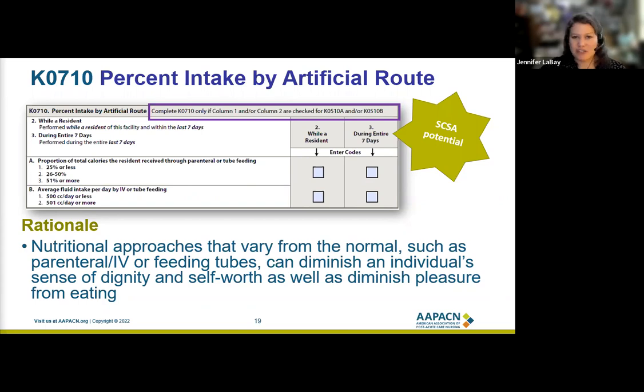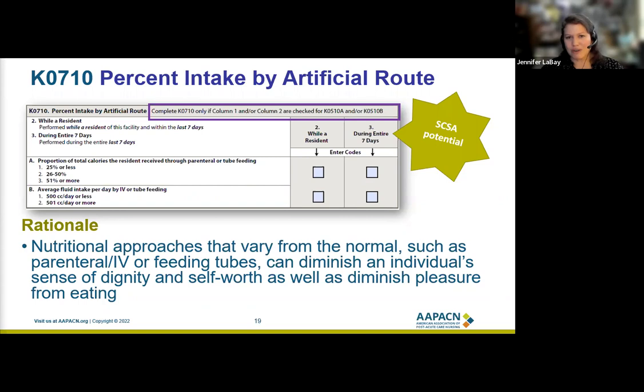And if there's a change, this is another area where a significant change could be triggered. If they were taking in 25% or less and now all of a sudden they're taking more, well, what's going on? Why do they need more through the tube than what they had last time? Or why are they getting less than what they had last time?